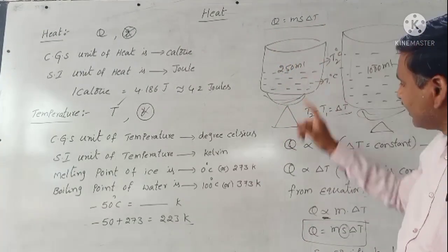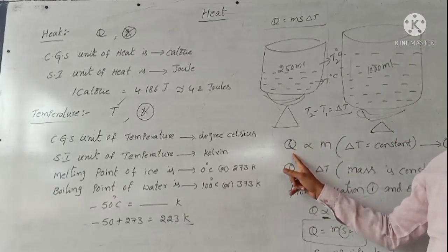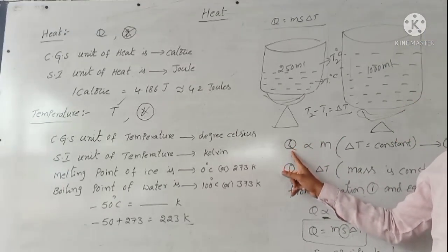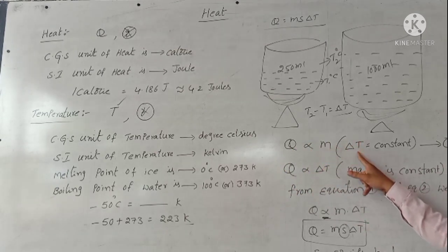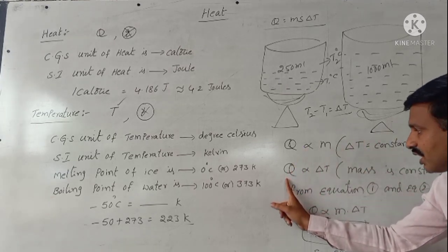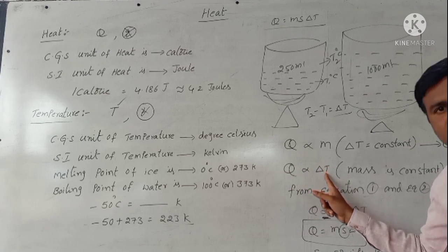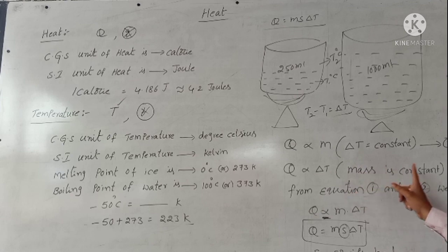First of all, write the first one. The amount of heat absorbed by a body is directly proportional to its mass when delta T, the temperature change, is constant. This is equation 1. The heat absorbed by a body is directly proportional to the changing temperature when mass is constant.